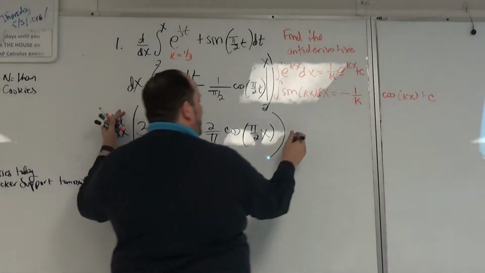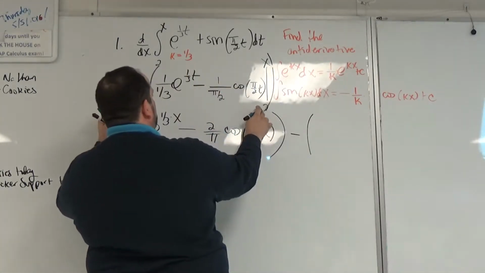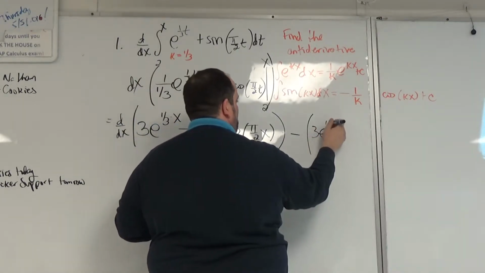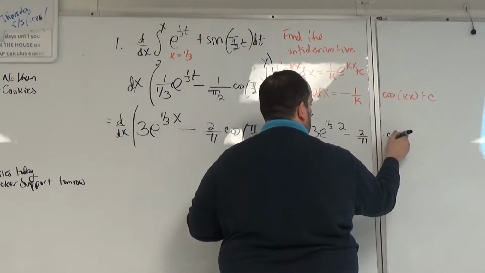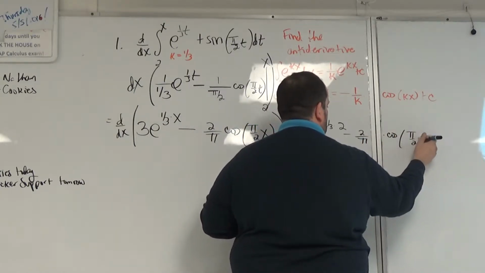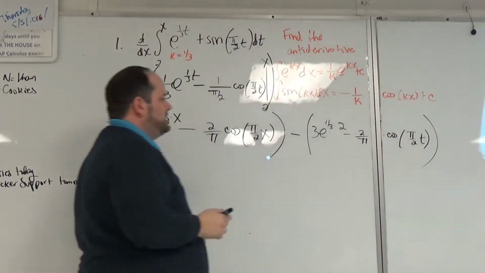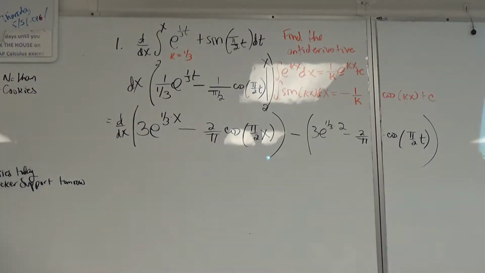Okay. Minus, plug in the 2: 3 e to the 1/3 times 2 minus 2 over pi cosine pi over 2 t. This is deliberately ugly, but the beauty is coming.